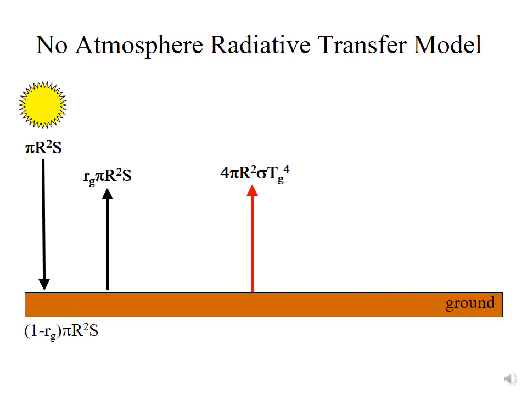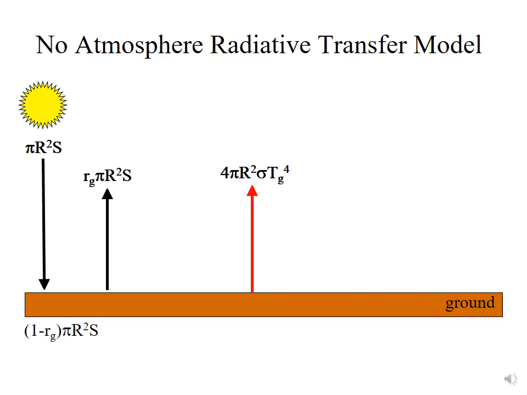So here we have a very simplistic model of the radiative equilibrium between the Earth and the Sun. And we're going to assume that there's no atmosphere. And we're going to assume that the ground is a black body, which is a perfect absorber and a perfect emitter of radiation at all wavelengths.